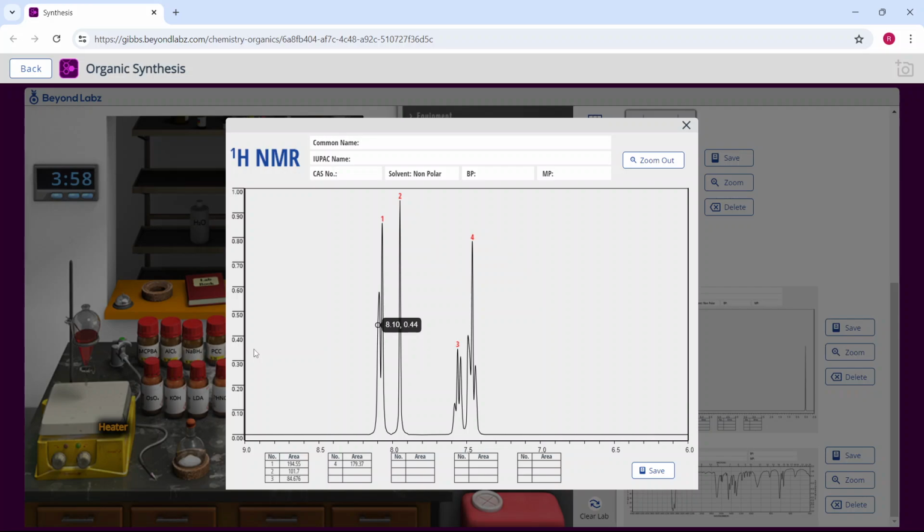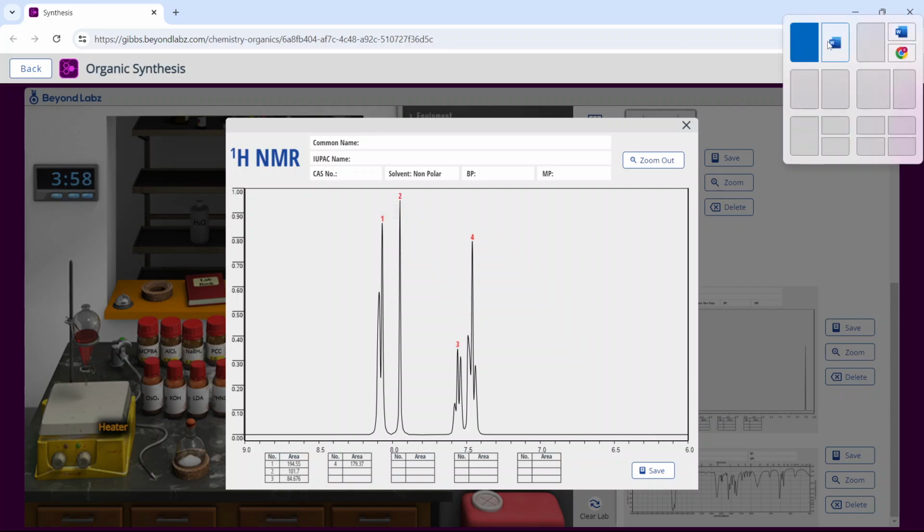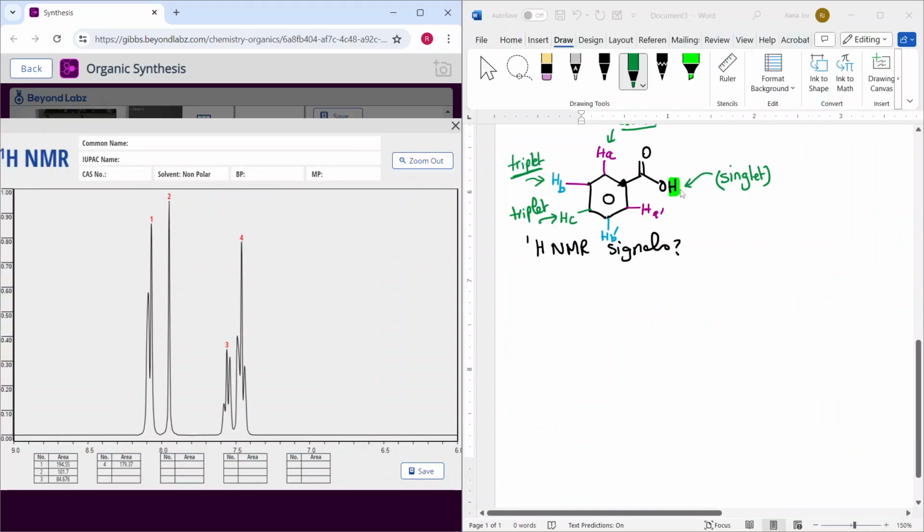But I don't know why it is showing here in the benzene region. Normally it doesn't, but it is showing in the benzene region, and I can easily see that this is a singlet. It is one peak. So peak number 2 corresponds to the OH of the benzoic acid.